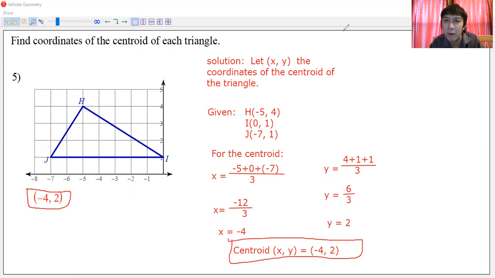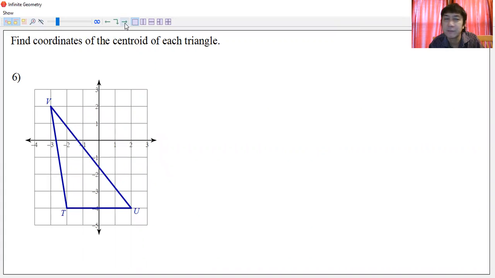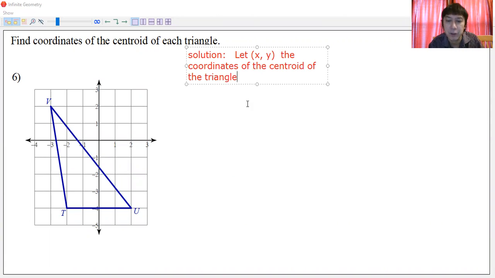Number 6 now. Here's number 6. Triangle. Find the coordinates of the centroid. So we have the solution. Let xy be the coordinates of the centroid of the triangle.